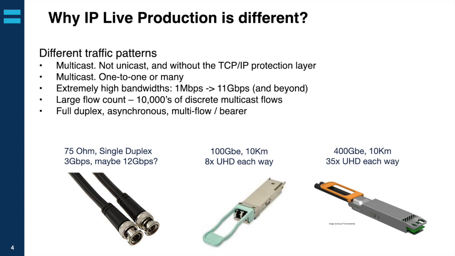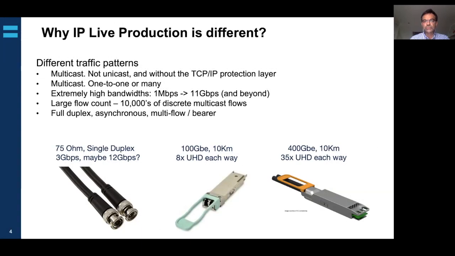It can do 8 times UHD both ways, so 16 UHD signals. And the newer 400 gigs can cover the same distance if that's what you need, and that can get you 35 times UHD. So we're now talking about a proper big live production camera setup, 35 cameras, down a single fiber pair if that's what you need. So some of those scalings can really help simplify the way we're building stuff.